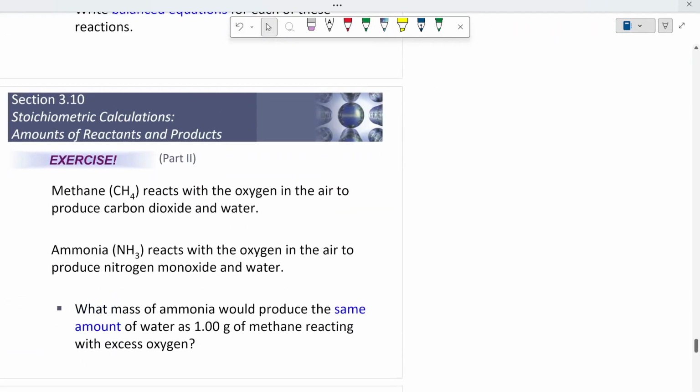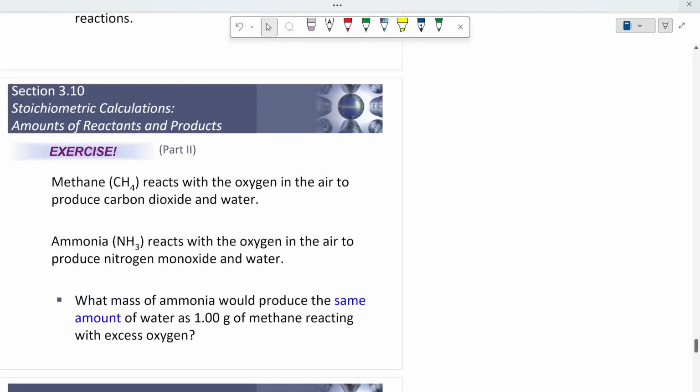The second part, part 2, the same question. What mass of ammonia? So the question asked me to determine ammonia. Let's write the equations again here. The first equation was CH4 plus 2O2 gives CO2 and 2H2O.